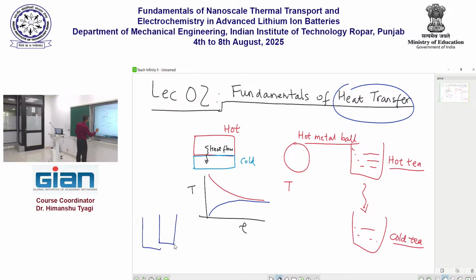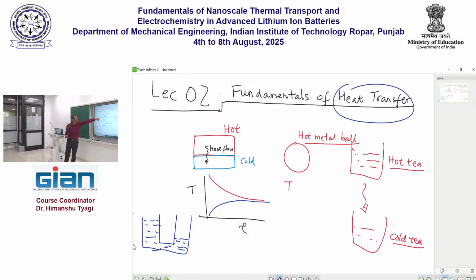If I have two buckets, and this bucket has a lot of fluid, and this bucket doesn't have a lot of fluid, and I connect the two buckets, what will happen? The fluid in the bigger bucket that has a lot more fluid will flow into the bucket that doesn't have a lot of fluid until both of them have the same level, right?